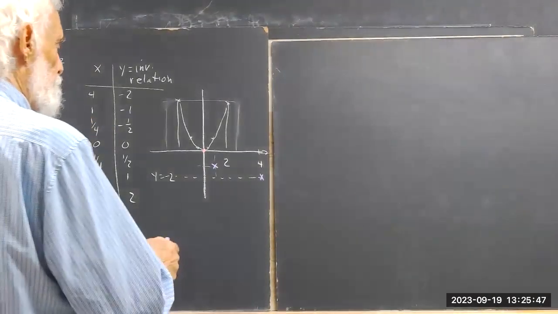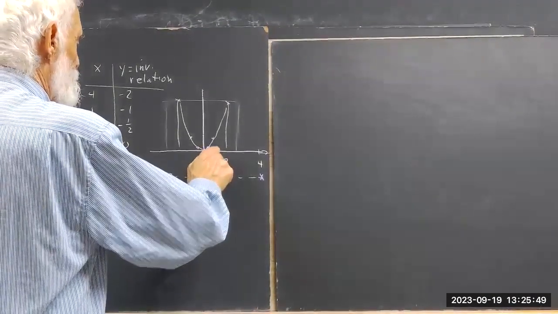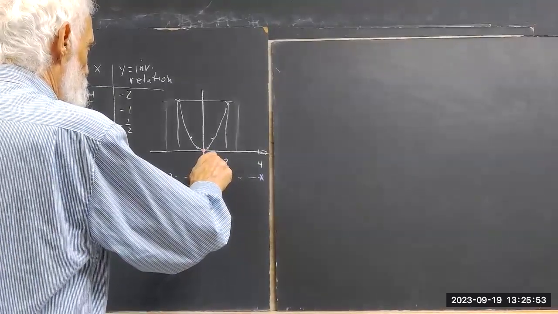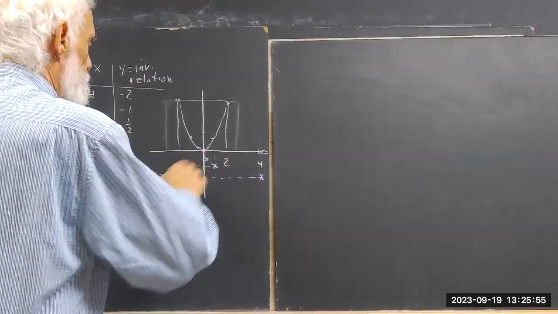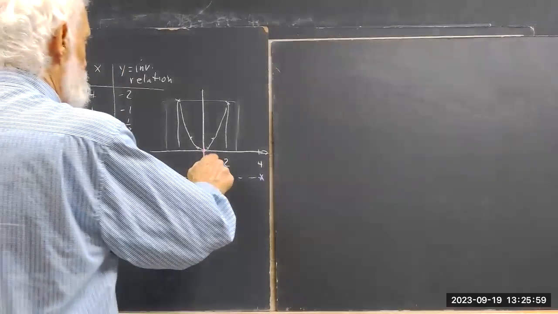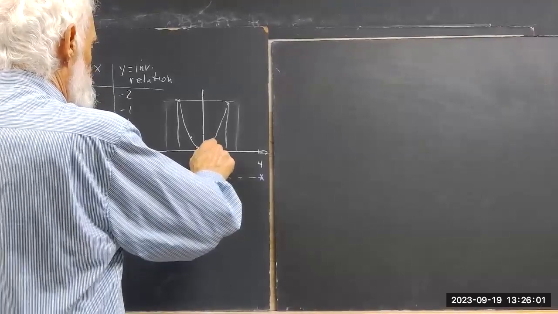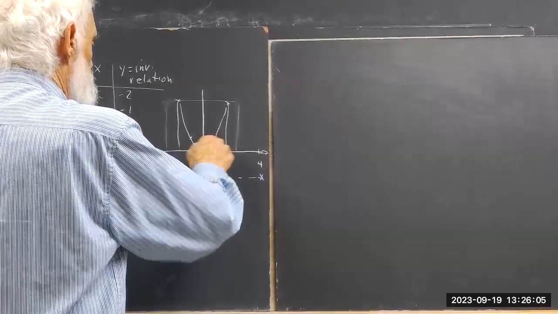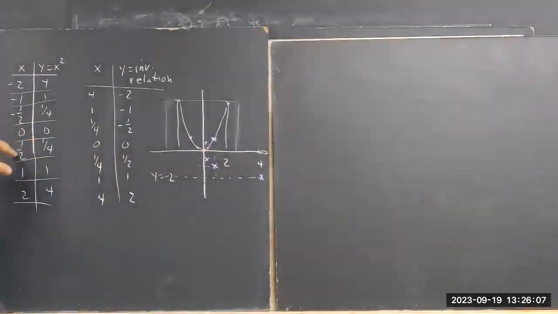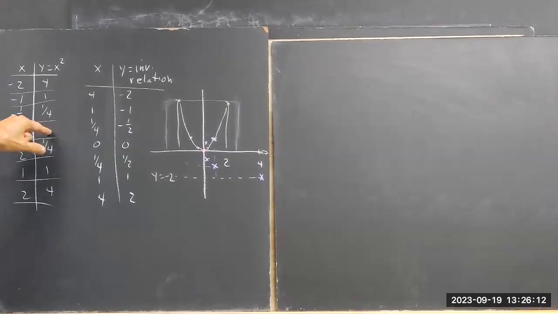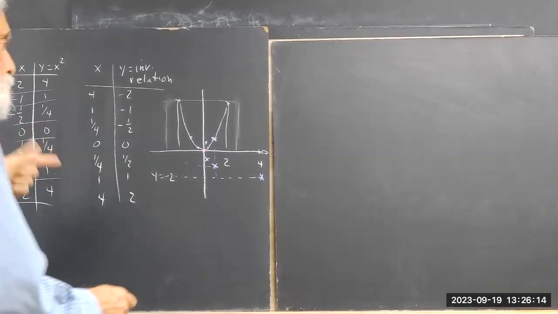1/4, -1/2. Well, 1/4, you've got to cut this in half and cut this in half. So you're going to get 1/4, -1/2 here. And then you're going to get 1/4, 1/2. Now, here's 1/2, that's going to be about here. And then 1, 1, that's going to be the same place it was for this function. 1, 1 would be a common point for the two functions, just like 0, 0 is for the two relations.